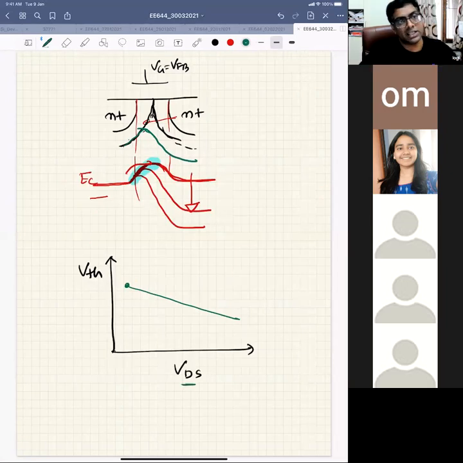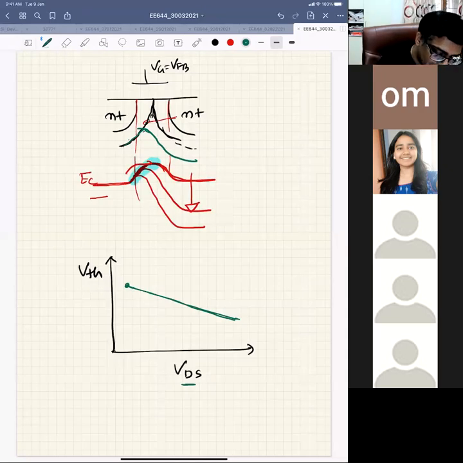That means some electrons are already injected, and your gate has to give just some more electrons. So your threshold voltage will reduce with VDS, and this is called drain induced barrier lowering. This is measured as DIBL.